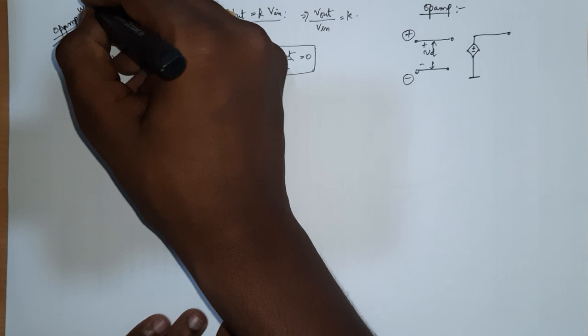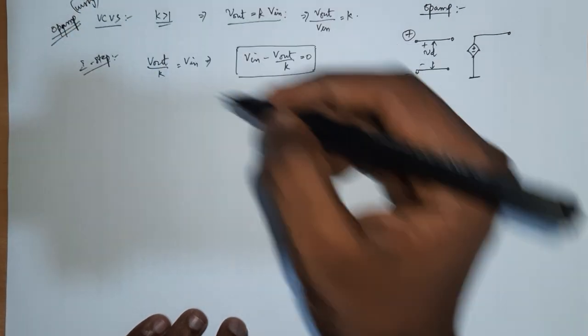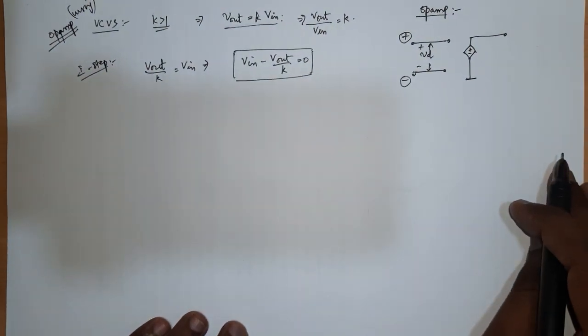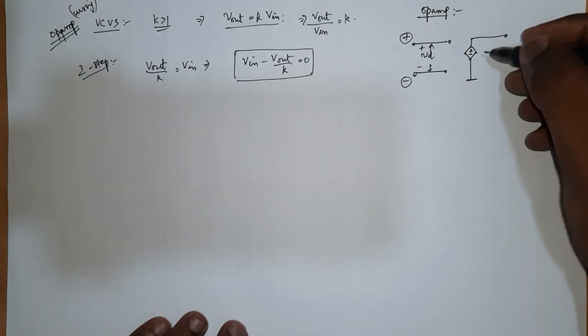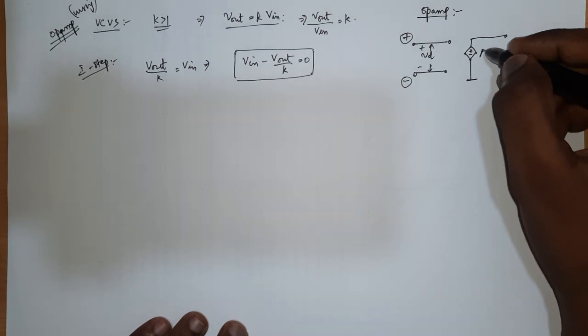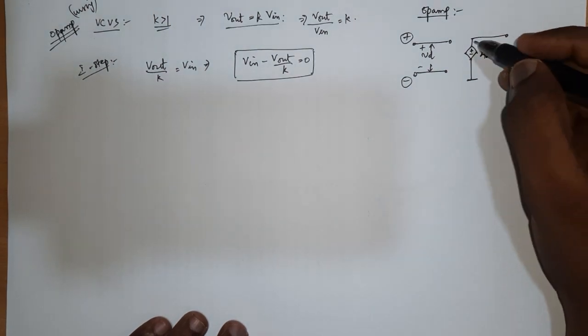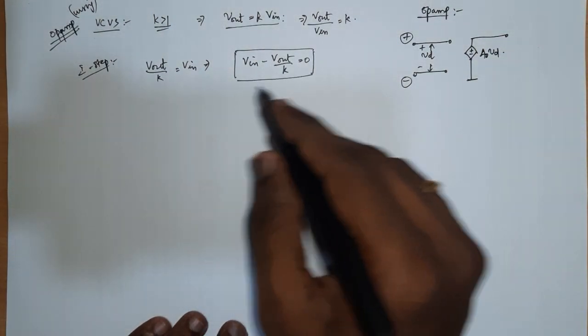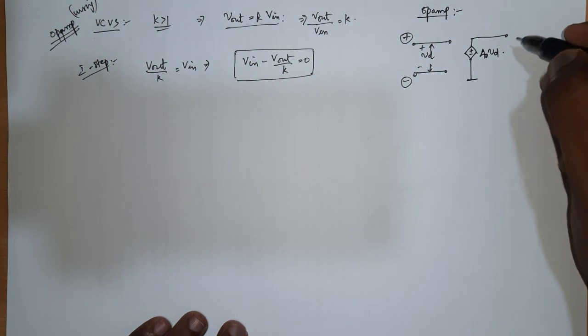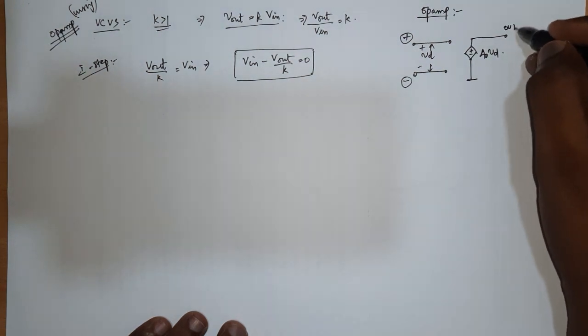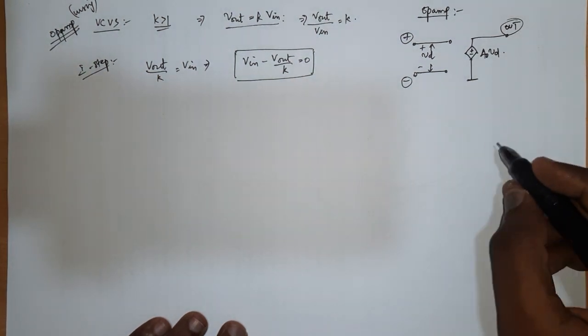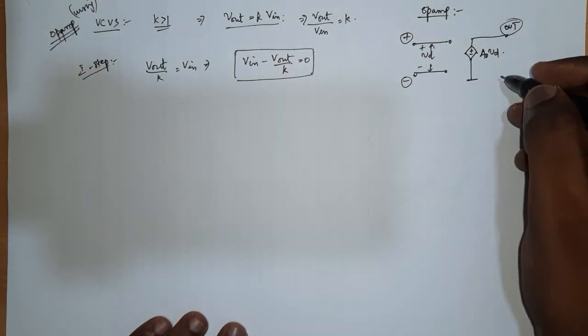That is what we are trying to do. It will have some gain of A0 times Vd, and this A0 is very, very large, and that's why we want to put things in feedback to achieve the gain of k. This is the output node, or output terminal rather.